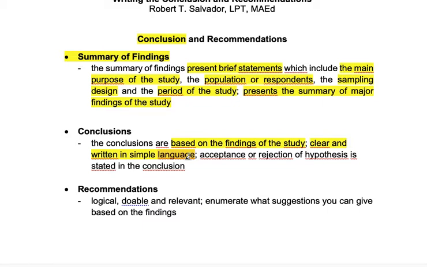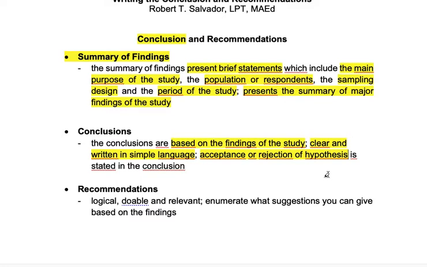Another important note, researchers, is that you are to write under the conclusions and recommendations whether the hypothesis is accepted or rejected. And we only have hypotheses for inferential questions.